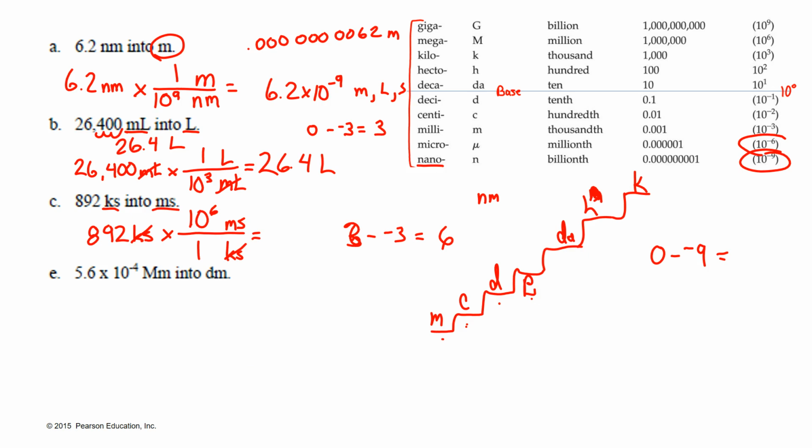All right, 892 million milliseconds, or we can write it as 8.92 times 10 to the 8th, because I had to move it 8 places. All right, try to do E, see what you come up with.